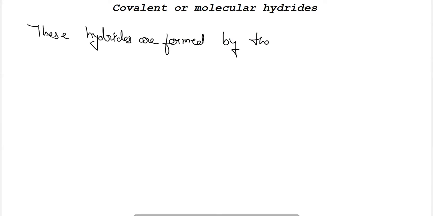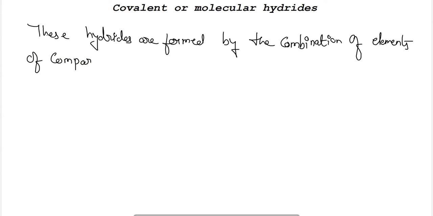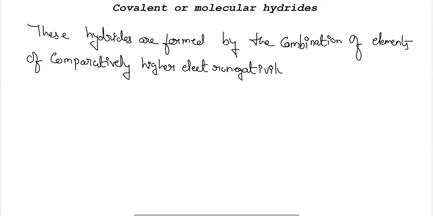The definition for these hydrides is as follows: these hydrides are formed by the combination of elements of comparatively higher electronegativity, that is, p block elements.